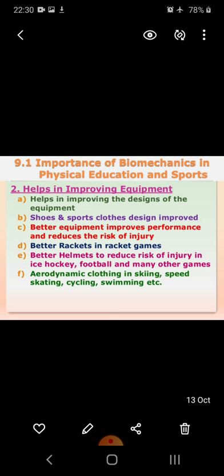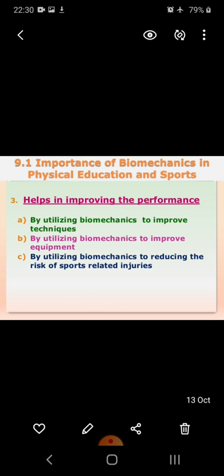Biomechanics also helps in designing sports clothes, particularly aerodynamic clothes and equipment such as for skiing, speed skating, cycling, swimming costumes, etc. Such improvement in equipment ultimately helps in enhancing sports performance. So it is helpful for improving equipment.